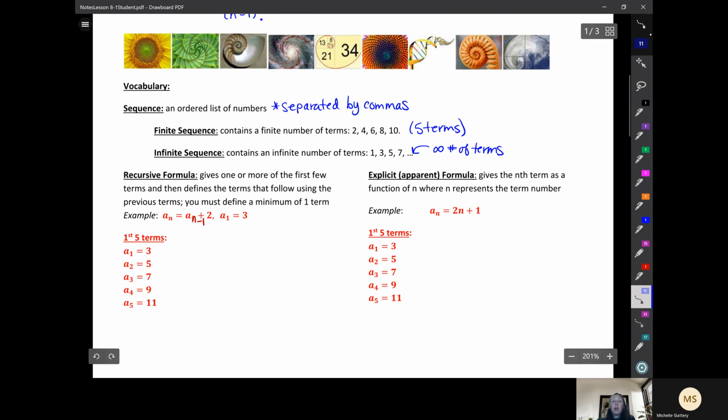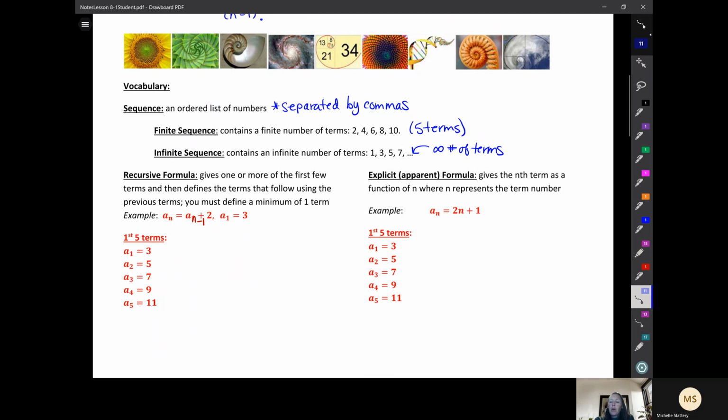Okay, whenever you have a recursive formula, you must define a starting term. Okay, so recursive formula kind of has a minimum of 2 parts to it. So here you must define a minimum of 1 term. So we have a sub n defined as well as a sub 1.